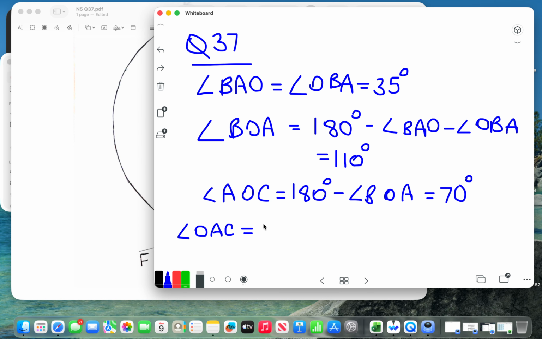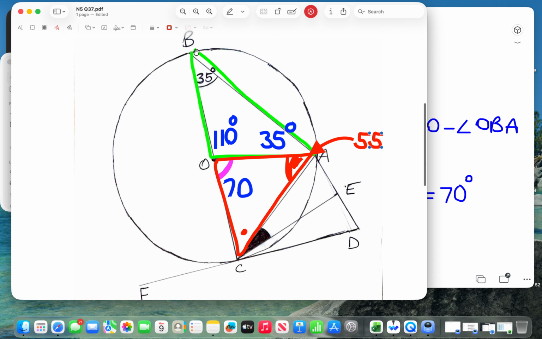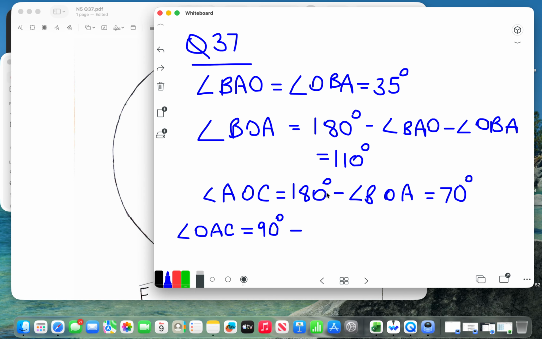So OAC is 90 degrees minus BAO. And we got 55 degrees.